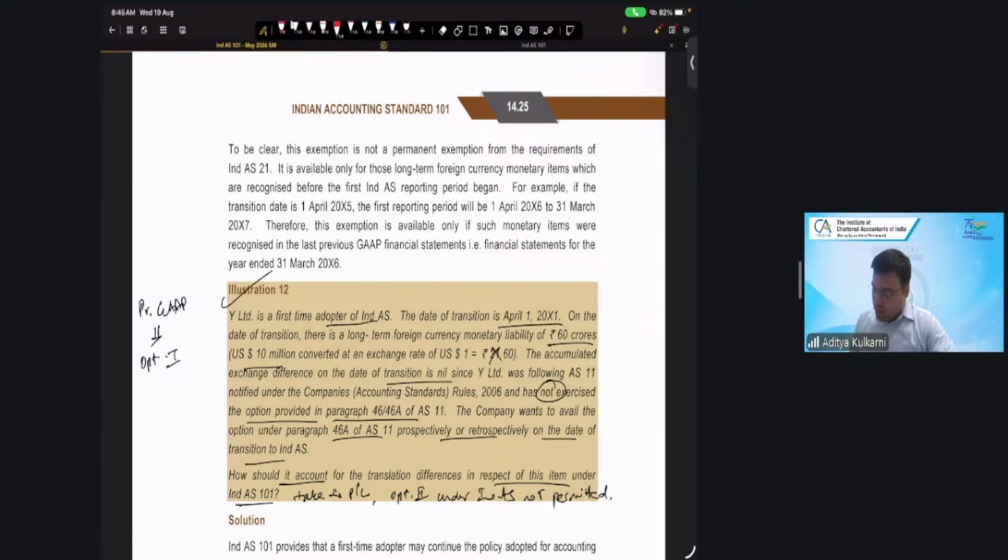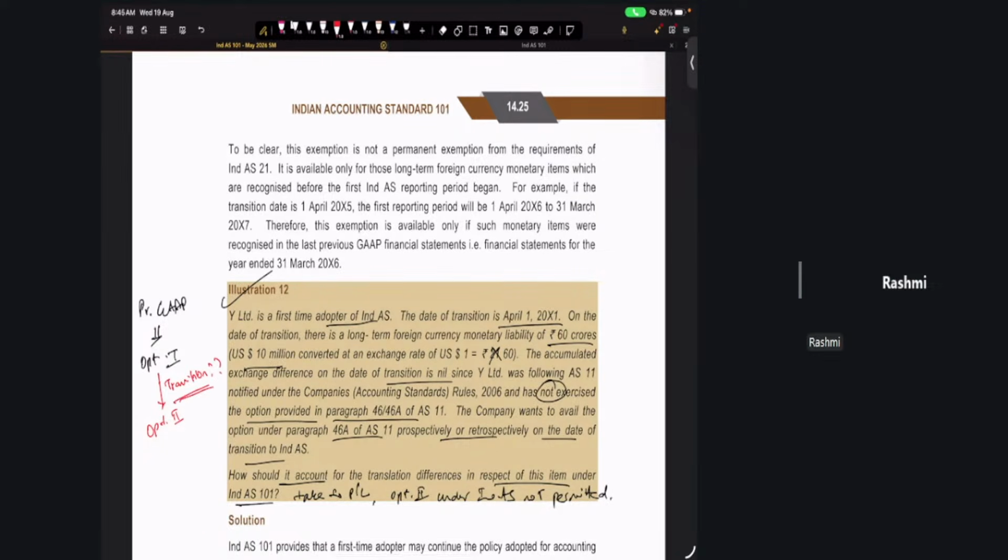Now, the company wants to avail the option provided under para 46A of AS11, option 2, prospectively on the date of transition. So it wants to move from option 1 to option 2 after transition. Is this allowed? No, sir. This is not allowed.